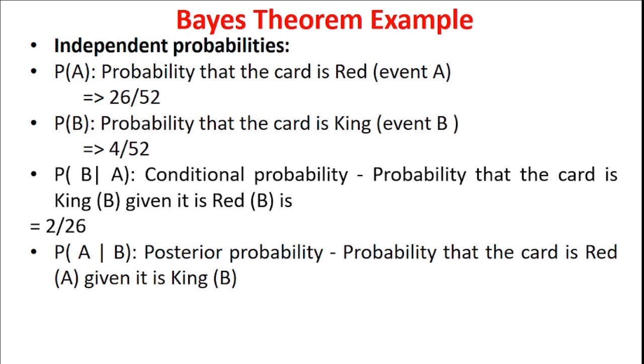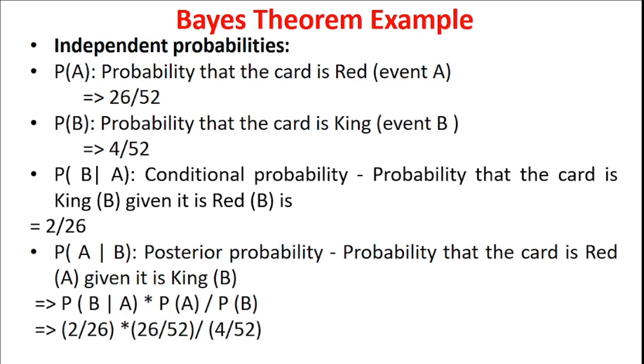The probability of A given B: the probability that the card is red given it is a king, that is B. In equation terms, it is the probability of B given A into the probability of A, divided by the probability of B. If you simplify this, you will get 2 by 4, which is equal to 1 by 2. It clearly defines the Bayes theorem.